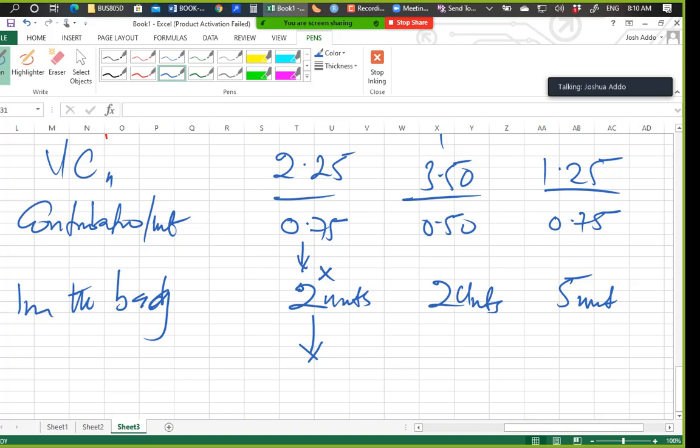That will be 2 times 0.75. What would that be? 1.5. Exactly. Then there are two U's in the bag, and one U has a contribution of 0.5. So the total contribution from U in the bag is 2 times 0.5, which is 1.